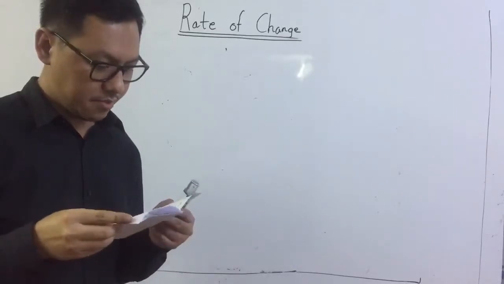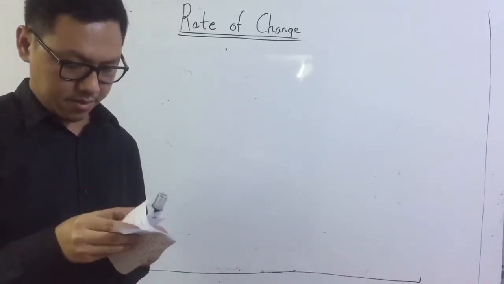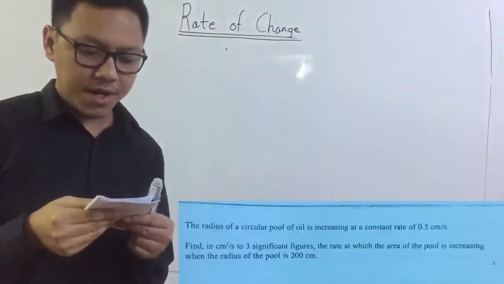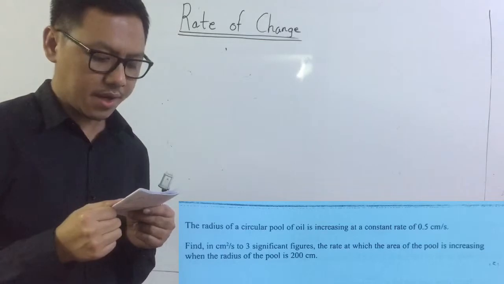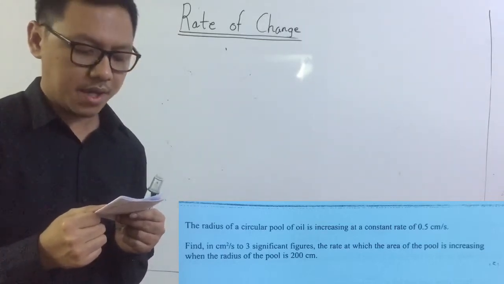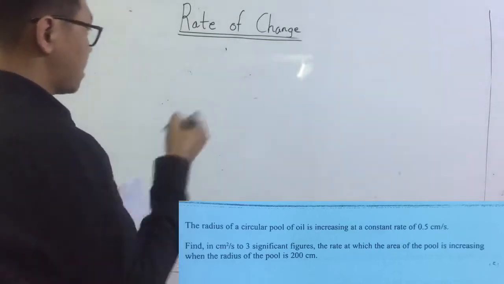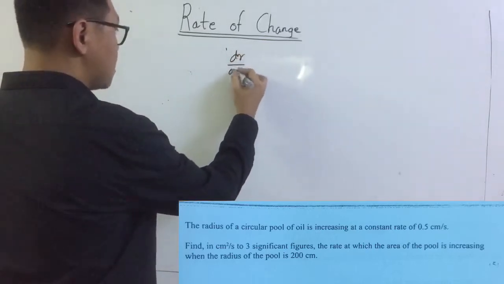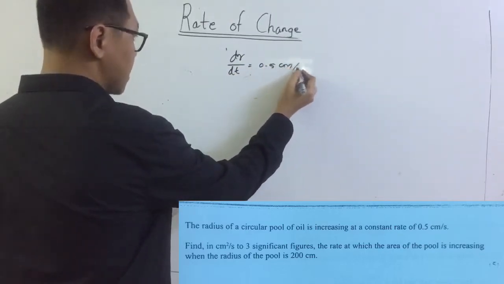Okay, another example is: the radius of a right circular pool of oil is increasing at a constant rate of 0.5 cm per second. So this one is the rate of change of radius. So I'm going to write down dr by dt is equal to 0.5 cm per second.